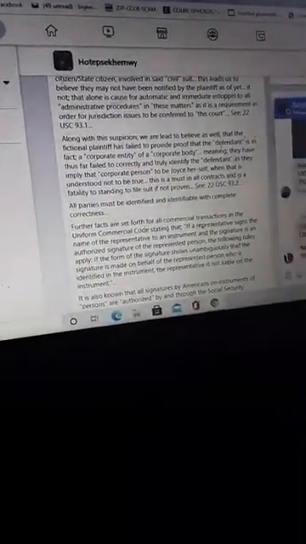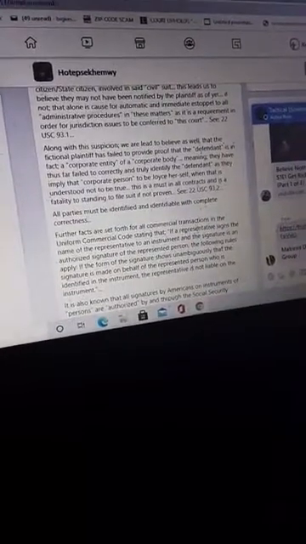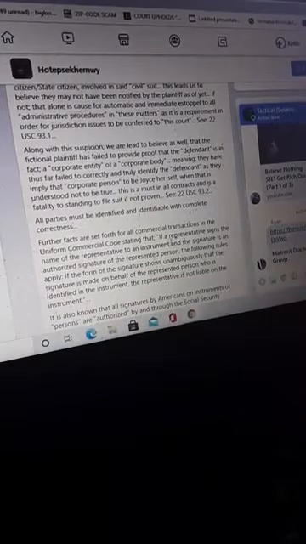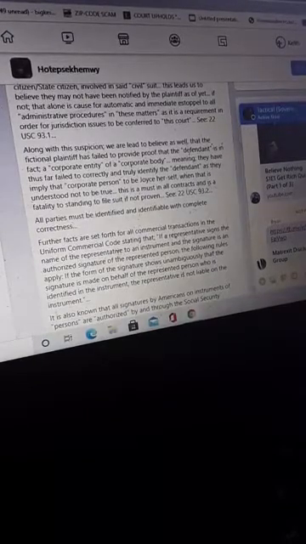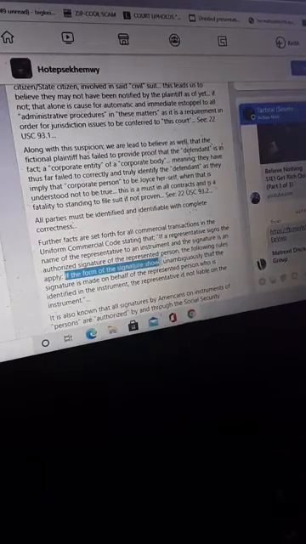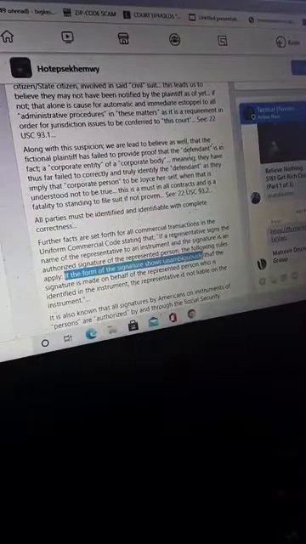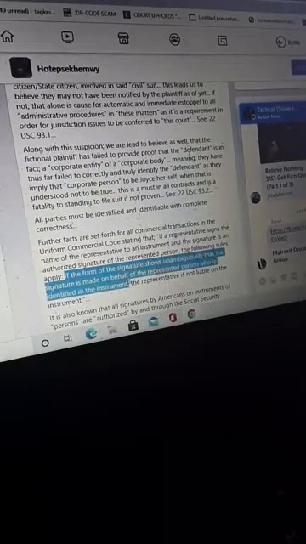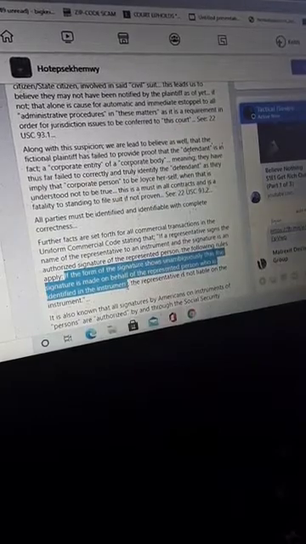All parties must be identified and identifiable with complete correctness. Further, false facts are set forth for all commercial transactions in the Uniform Commercial Code, stating that if a representative signs the name of the representative to an instrument and the signature is an authorized signature of the represented person, the following rules apply. If the form of the signature shows unambiguously that the signature is made on behalf of the represented person who is identified in the instrument, the representative is not liable on the instrument.